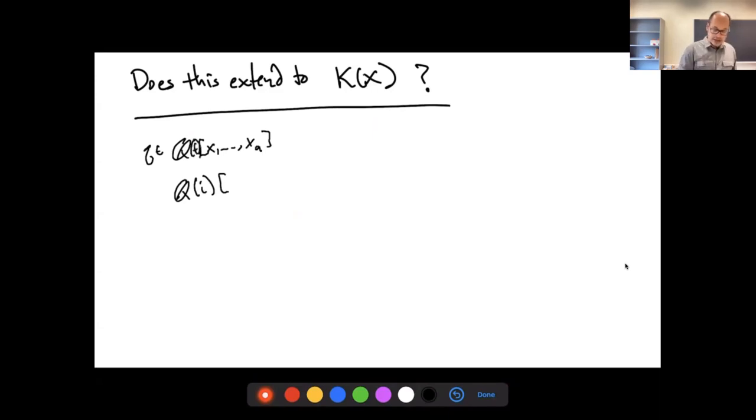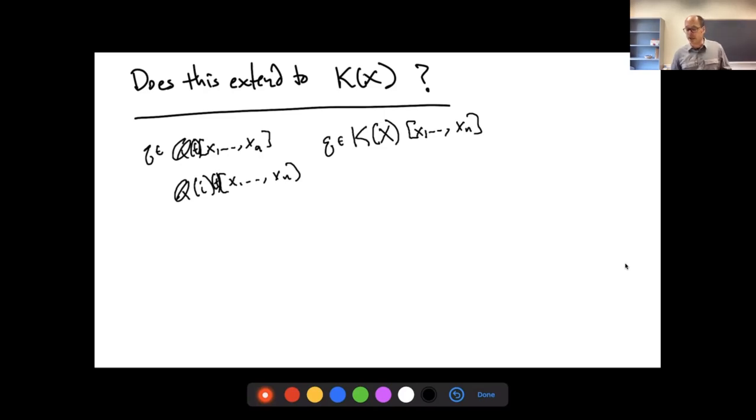In general, if you have something in K(X), adjoin some indeterminates, if you have such a quadratic form, the question is, does this have a zero in K(X)?